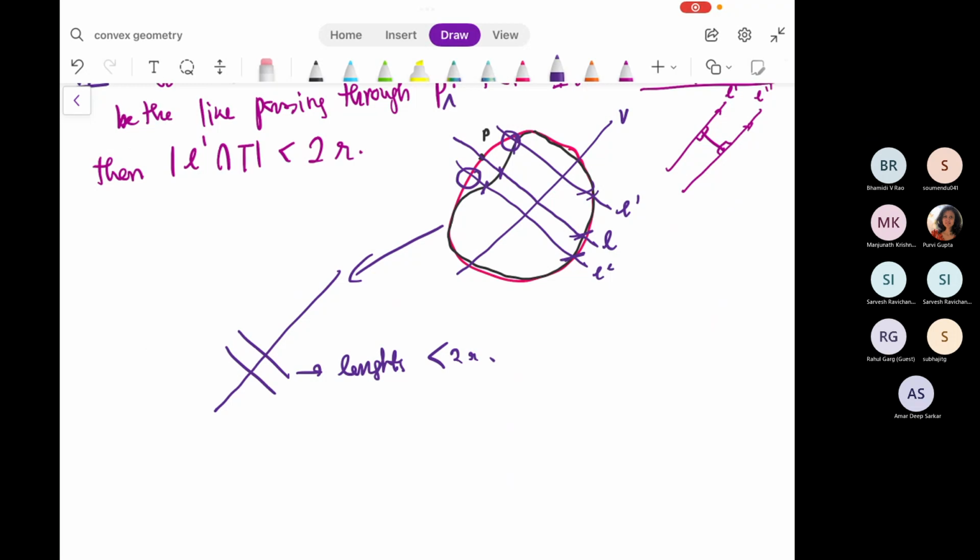And once they are of length less than 2r, those line segments must not be hitting the boundary. And because you're symmetrizing around lines passing through P and perpendicular to V, if anything is happening at P, it will also happen at P prime. It will also happen at the particular point reflected across, because you're choosing the interval to be symmetric around capital V.